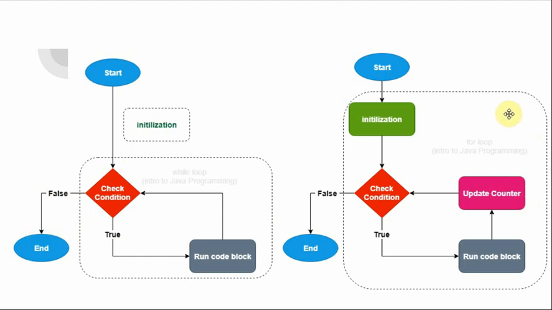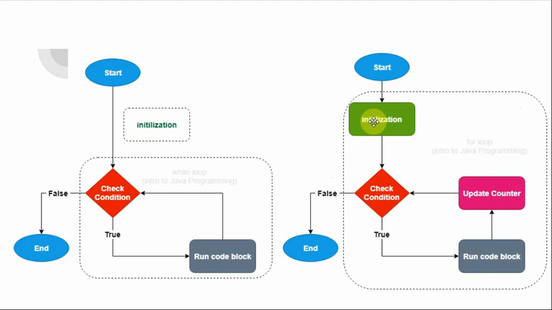Here the initialization is now part of the for loop boundary. Then we check the condition, similar to here, and if it's true, we run the code block, and then we update the counter, and then we check the condition again. That's how the for loop runs. It starts from the initialization, and initialization is executed only once.